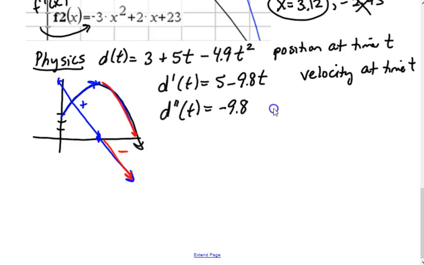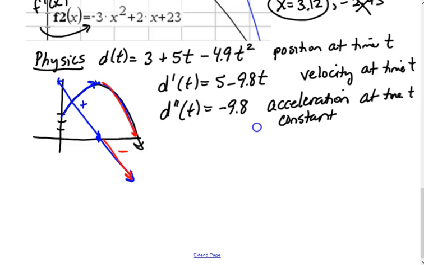And then my acceleration graph, which is the second derivative, is acceleration. So the acceleration at time t is the rate of change of velocity. How much is velocity changing? Well, this has a constant acceleration of negative 9.8 meters per second squared, which is just the acceleration due to gravity.